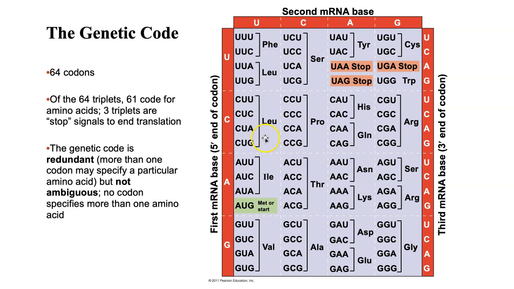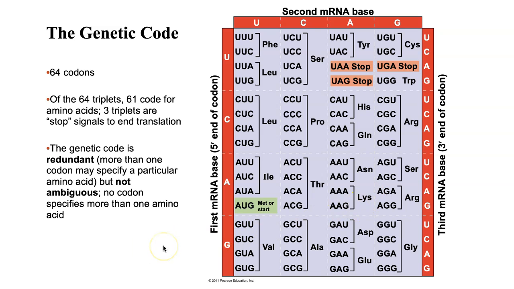Over here as well, CUU, CUC, CUA, CUG all code for the amino acid LEU, which is leucine. This property has a special term. It's called being redundant. So the genetic code is redundant. More than one codon codes for a particular amino acid. So again, we see this all over this chart.